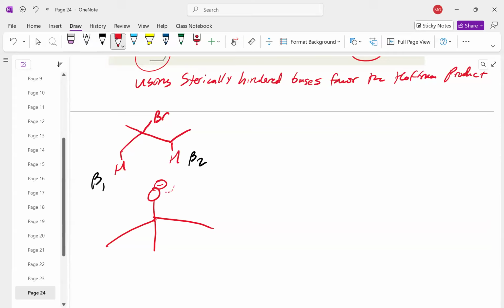It doesn't want to go after this hydrogen in the middle as much because it's more in the middle where there's a bunch of other stuff to deal with sterically. It's a lot easier to get to something on the outside to do an E2 elimination. So that is why bulky bases will preferentially form the Hofmann product.